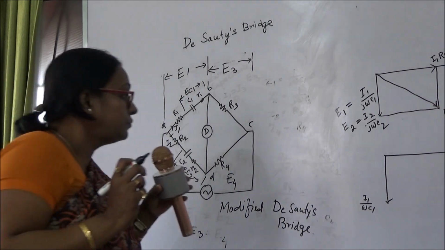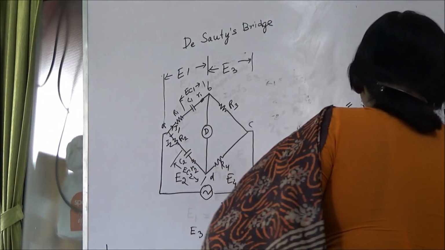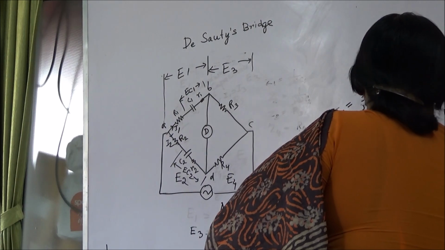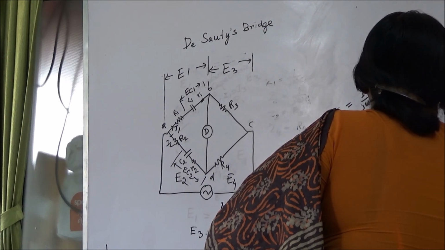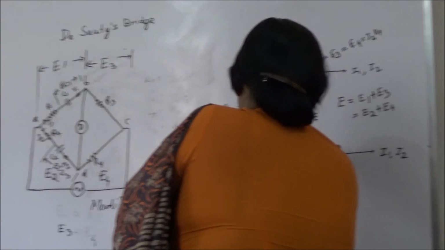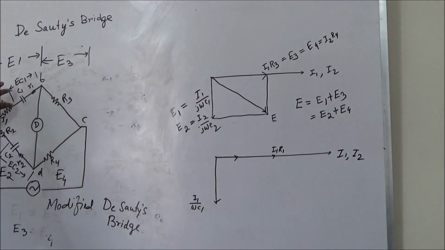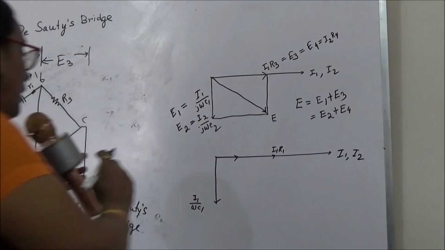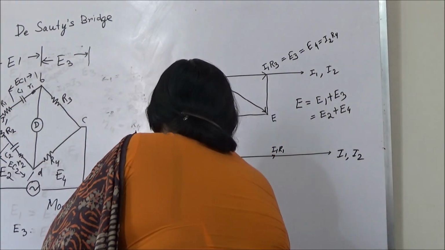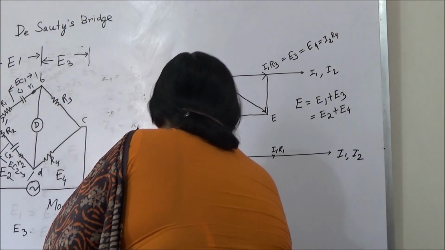So this is my I1, this is my I1 R1, and this is equal to E1.